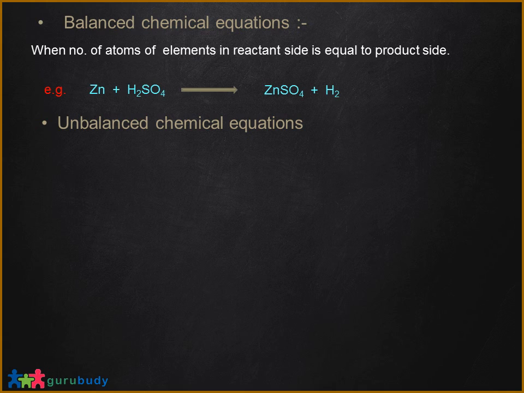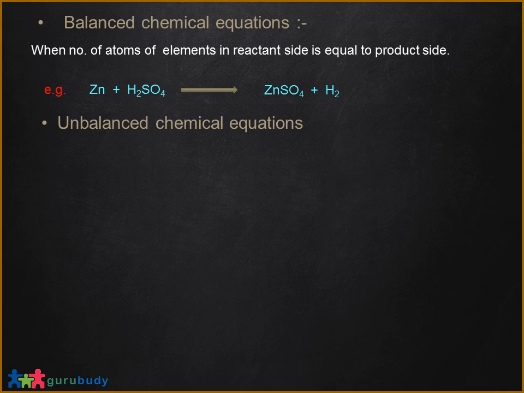So let's look at this equation, which is zinc reacting with sulfuric acid, forming zinc sulfate plus hydrogen. In this equation, you see there is 1 atom of zinc on the reactant side and 1 atom of zinc on the product side. There are 2 atoms of hydrogen on the reactant side and 2 atoms of hydrogen on the product side. Similarly for sulfur, similarly for oxygen.